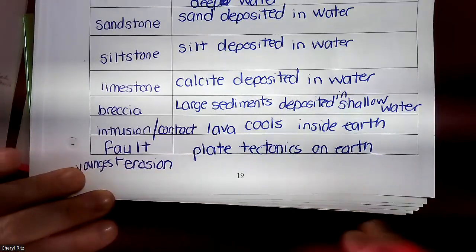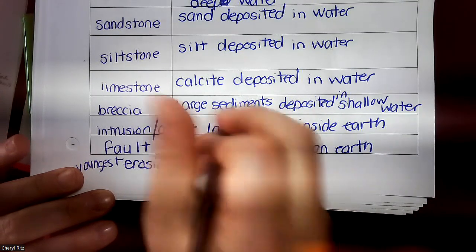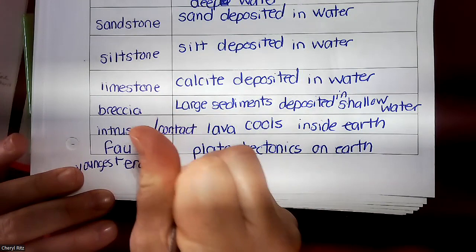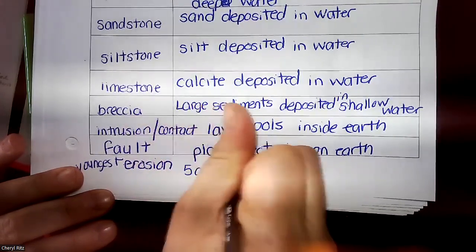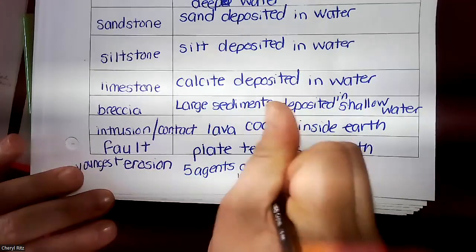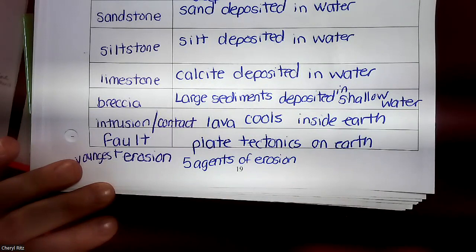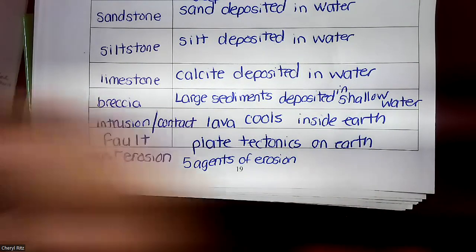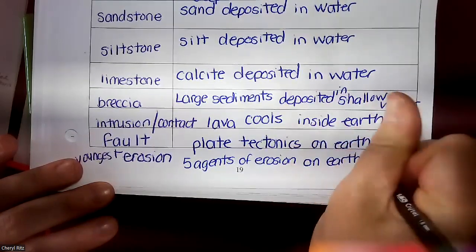Water, wind, waves, gravity, and glaciers. You can sum this up by five agents of erosion. Where does erosion happen? On Earth's surface.